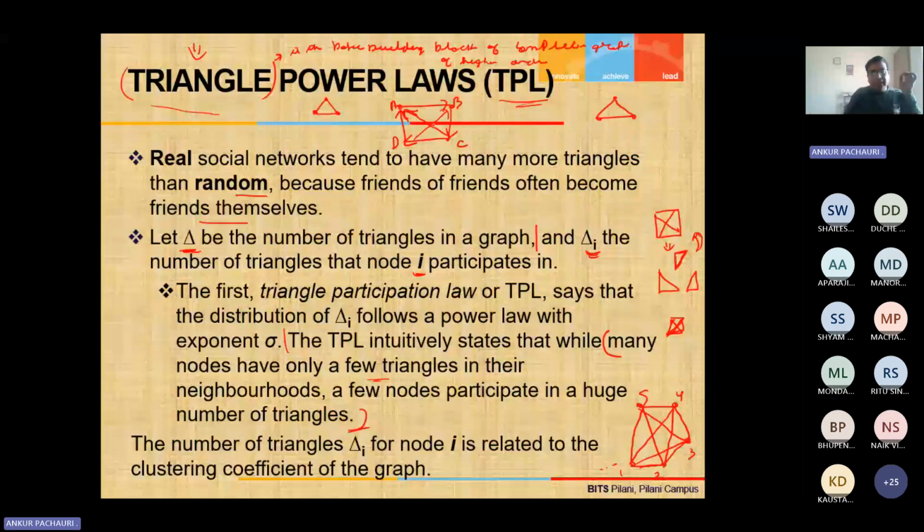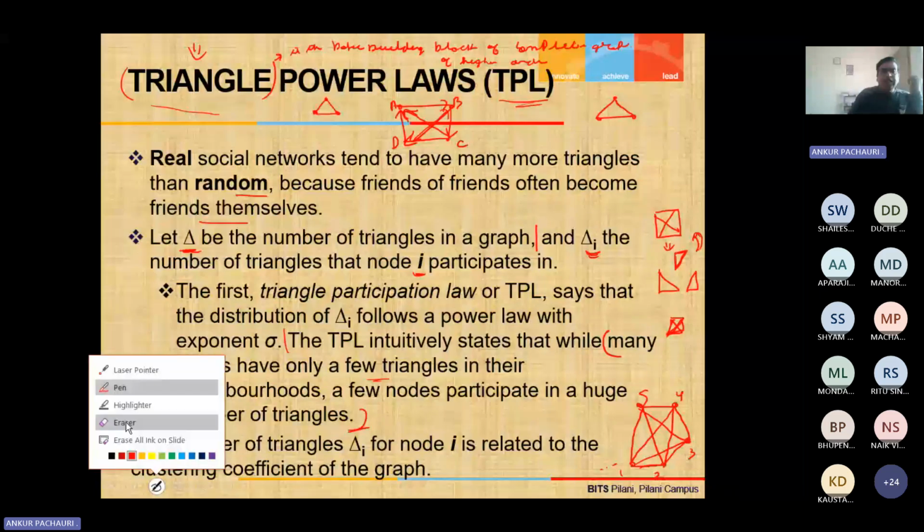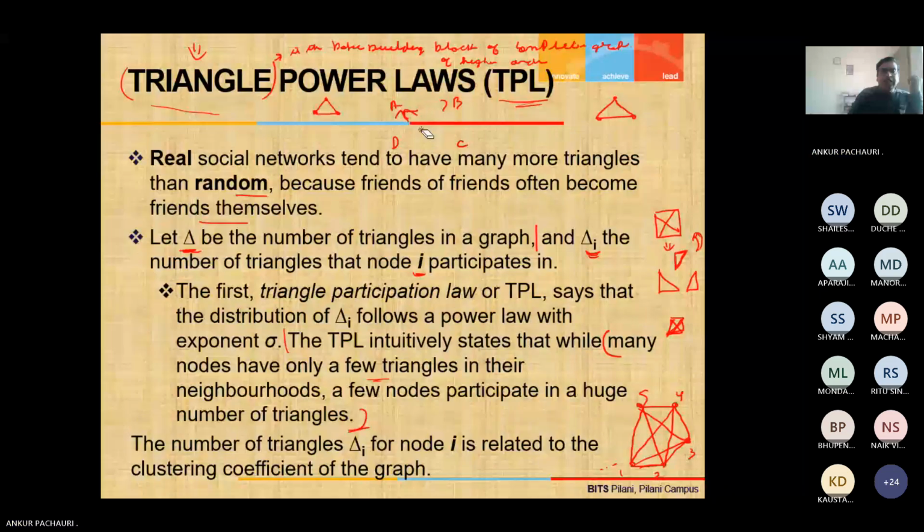But if the direction of this edge is the other way, I don't think this will be a triangle, because B to D, then B to C, then C to D. So there will be only one triangle in that case. It may be possible that it doesn't have any triangle, even though the underlying graph can be complete.